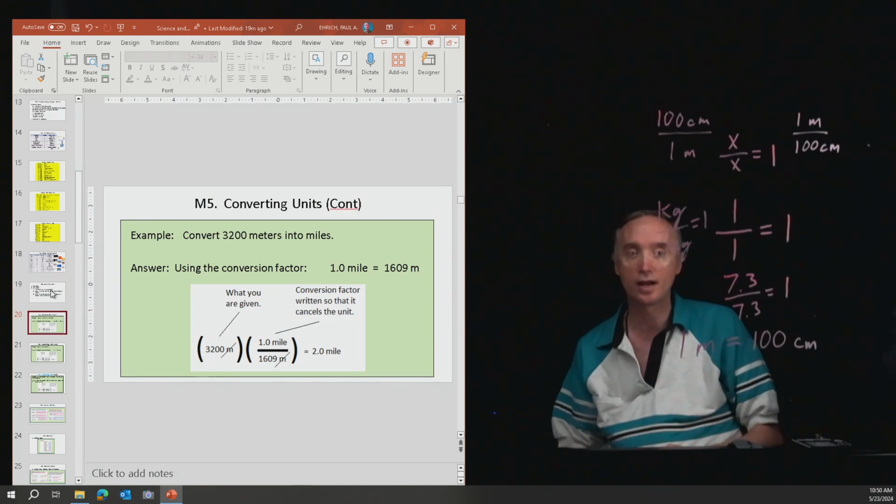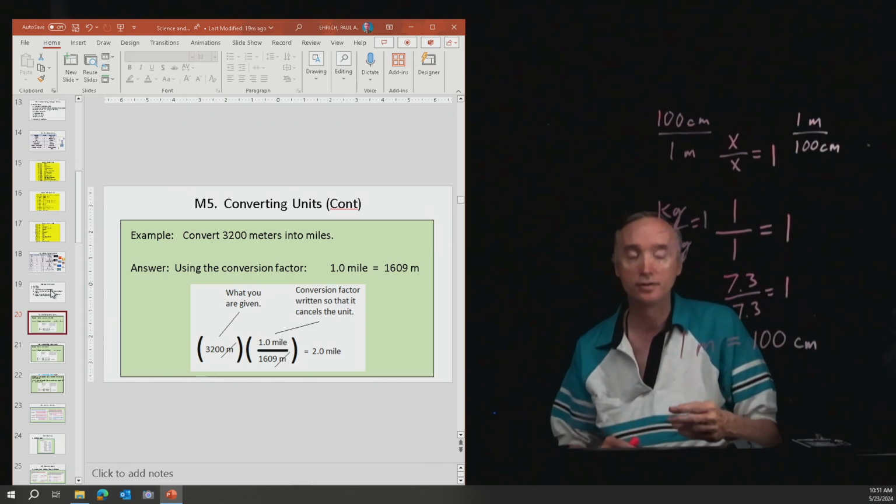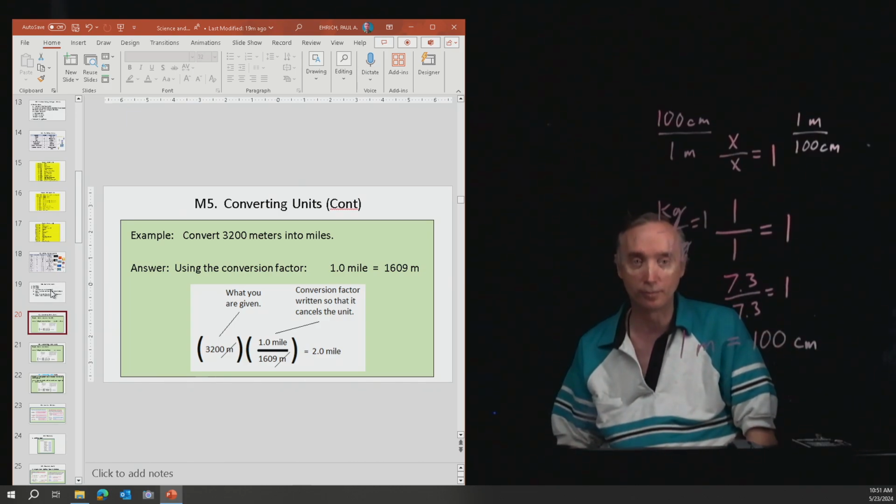Now you notice that I rounded it to 2 significant figures. Later I'm going to show you how to round, but for right now you can put any number of digits that you want there, though really we need to round to the correct number of significant figures.